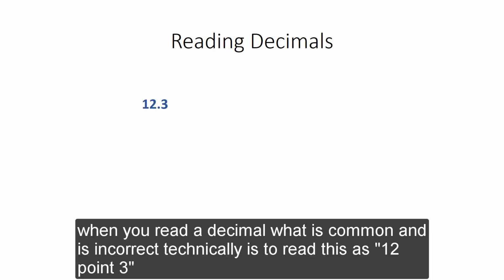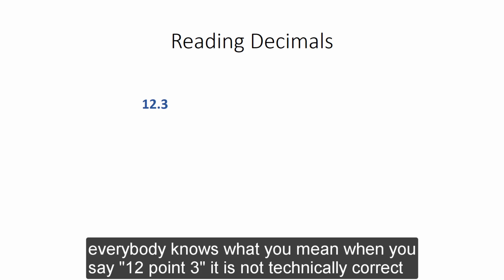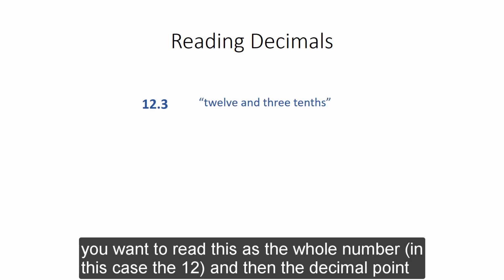When you read a decimal, what is common and is technically incorrect is to read this as 12.3. Now, everybody knows what you mean when you say 12.3, but technically that is not correct. You want to read this as the whole number, in this case the 12, and then the decimal point is the "and."